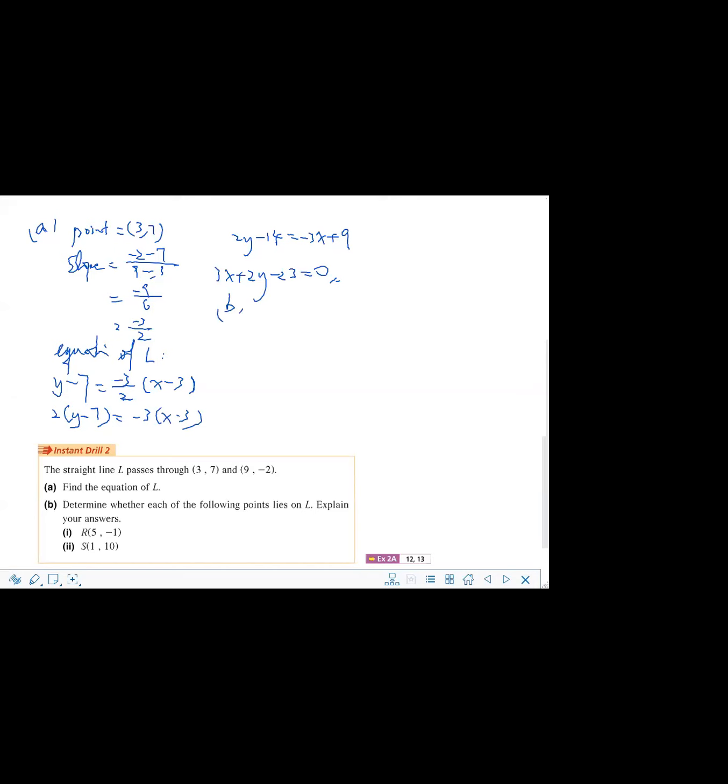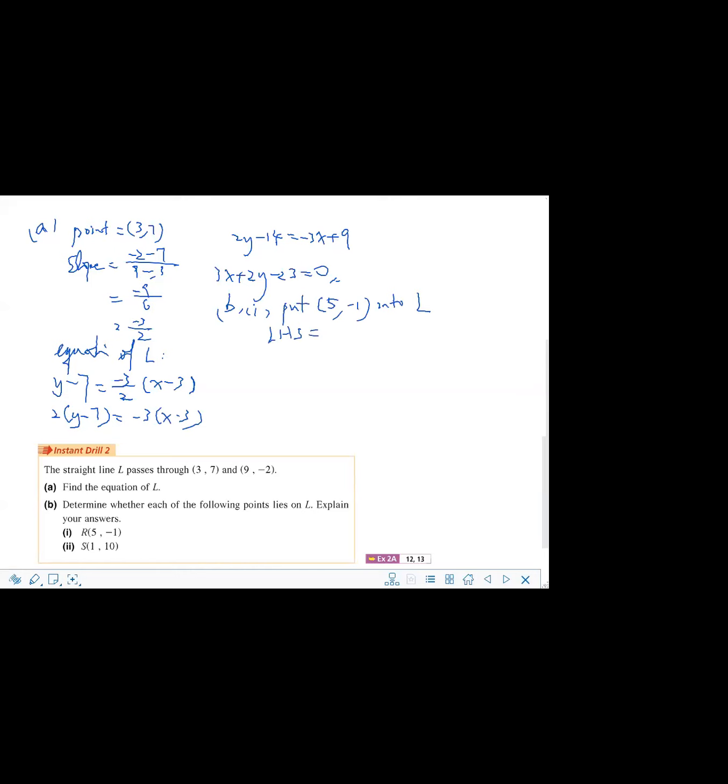In part B, so this is the equation of L. And in part B, the question asks us to determine whether each of the following points lies on the straight line L. So for part 1, I need to put the coordinates of R into the equation of L. But we need to calculate the values on the left-hand side and right-hand side separately.